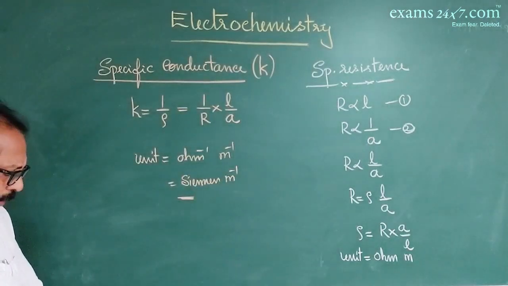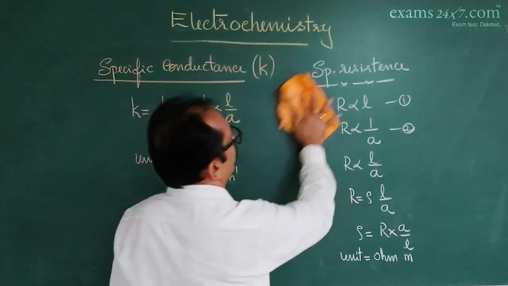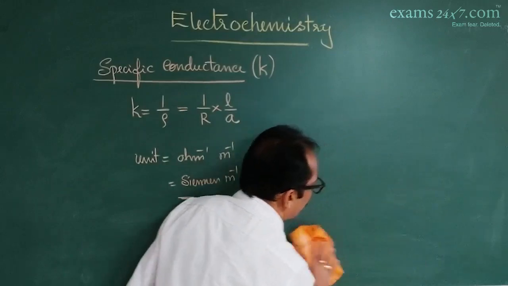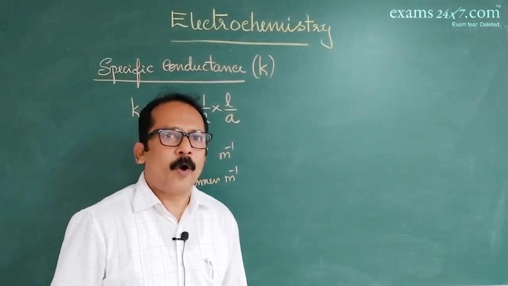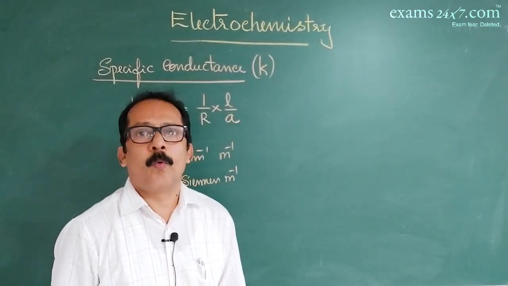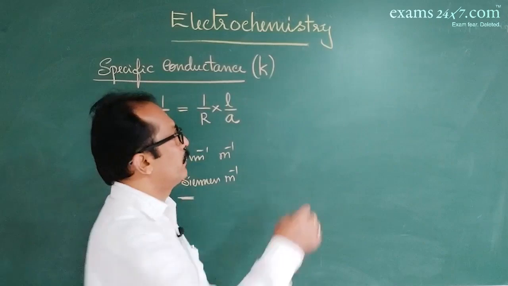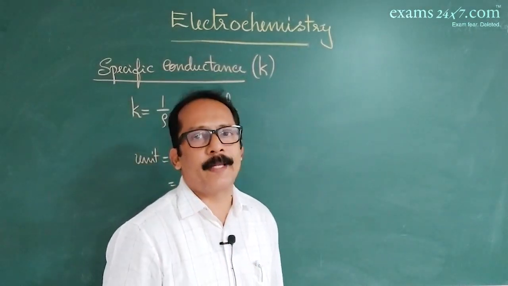Now, next about equivalent conductance. Equivalent conductance is defined as the conductance offered by all the ions present in a solution containing 1 gram equivalent weight of an electrolyte.